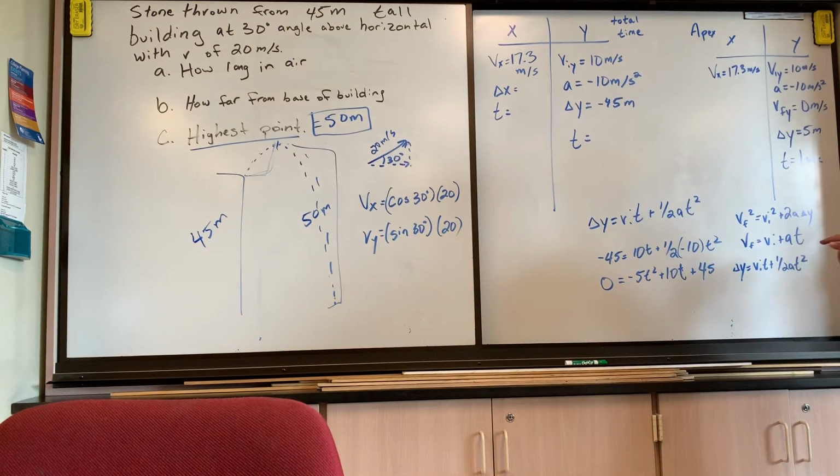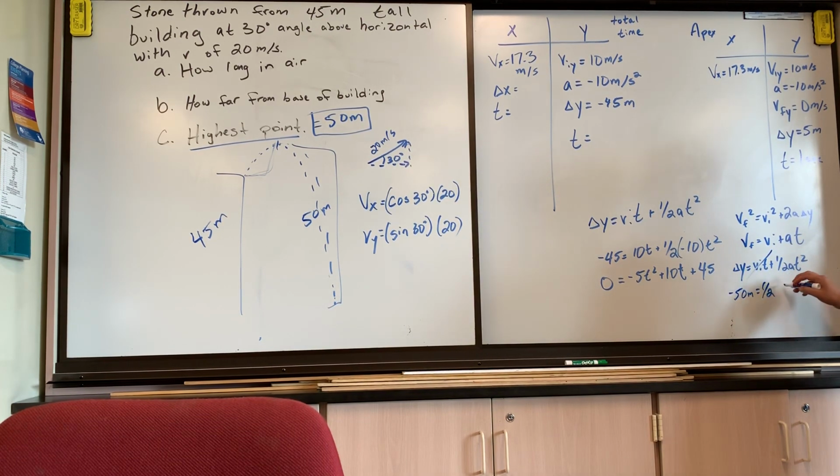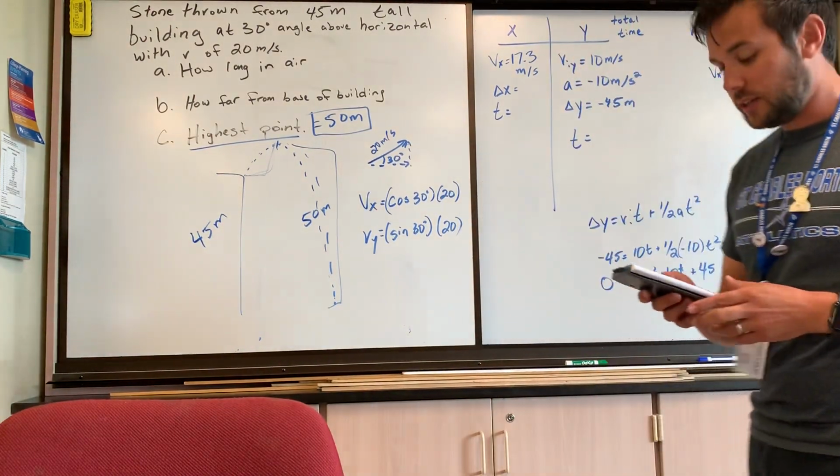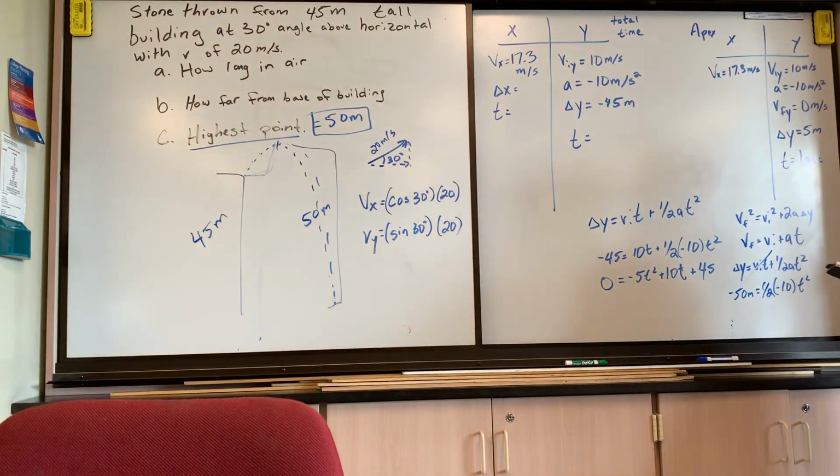So I'm going to say, okay, my delta y is negative 50. My initial velocity was 0, so this part goes away, equals 1/2 negative 10 t squared. And I'm going to solve for t there. And when I do that, I get the square root of 50 times 2 divided by 10, the square root of 10.